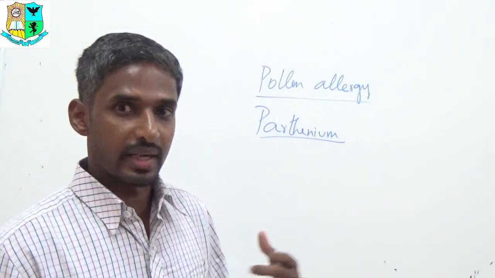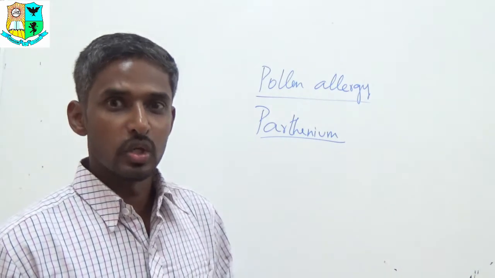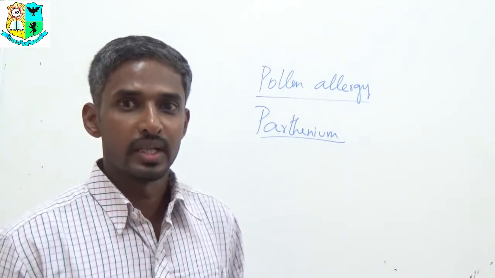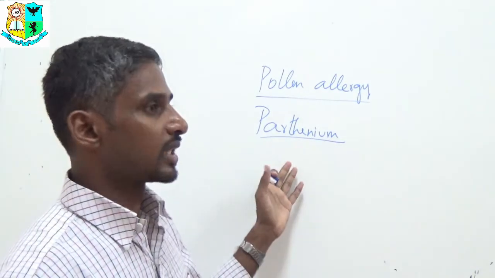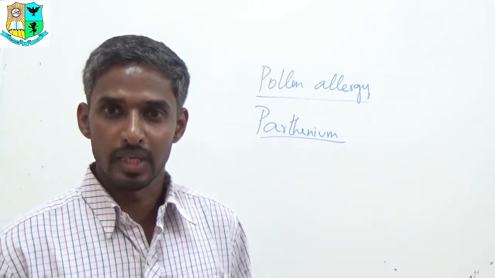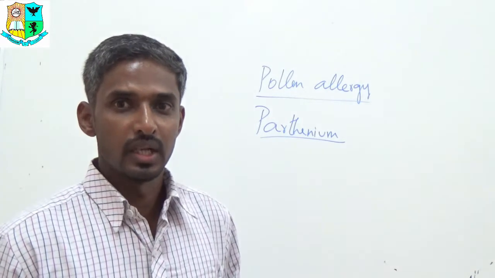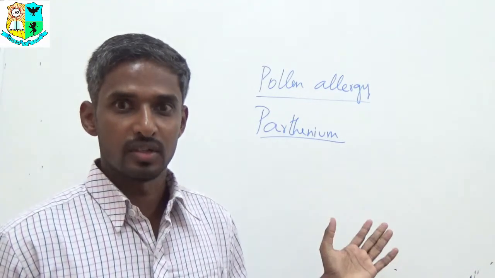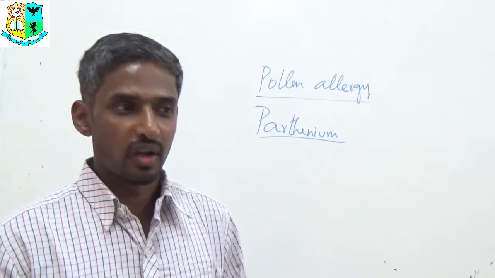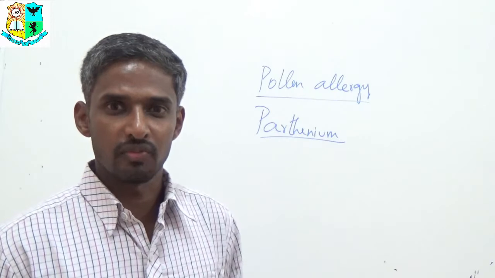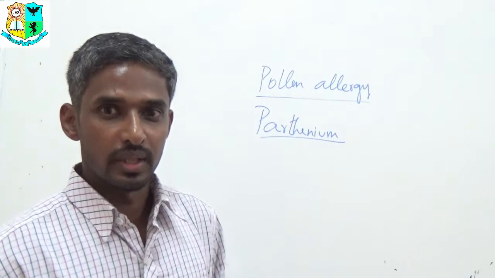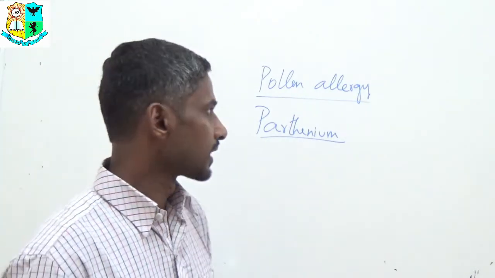So whenever you touch the grass, the pollen grains, your skin starts itching, and some also get breathing problem. This Parthenium grass came along with the wheat when India was importing wheat from the other countries. The seeds of this grass came along with this, and they have invaded entire place around us, and therefore wherever you go you find this Parthenium grass, and therefore they are causes of pollen allergy.